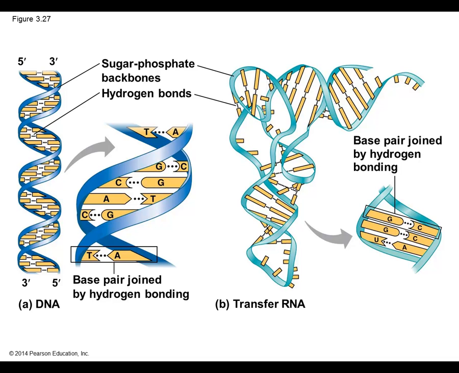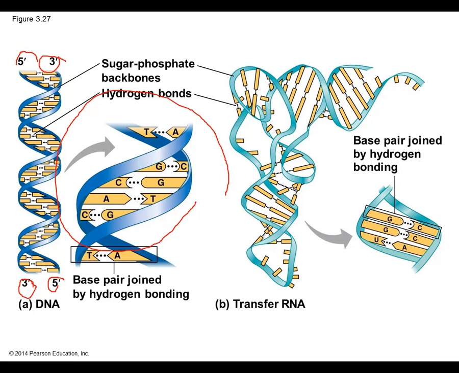RNA molecules usually exist as single polynucleotide chains. DNA molecules have 2 polynucleotides spiraling around an imaginary axis, forming a double helix. And the 2 strands of DNA run anti-parallel, so one runs 5' to 3', the other one goes from 3' to 5'.